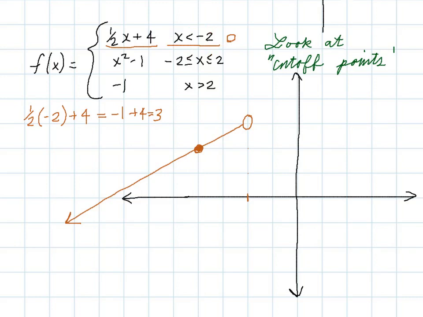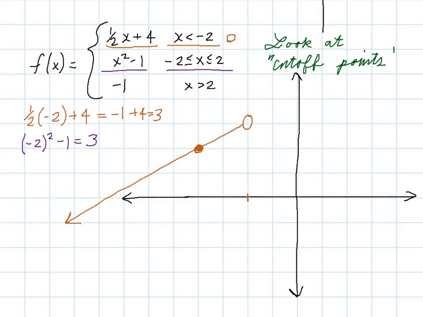Alright, let's look at the next piece of this piecewise function. This squaring function is the case from -2 to 2. Our cutoff points here are both -2 and 2, so those are definitely important points to graph. We plug in -2 into x squared minus 1. -2 squared is 4, minus 1 is 3.